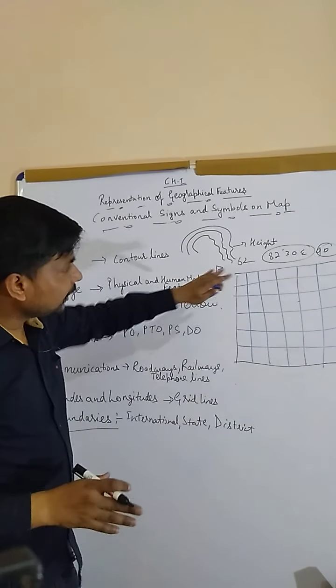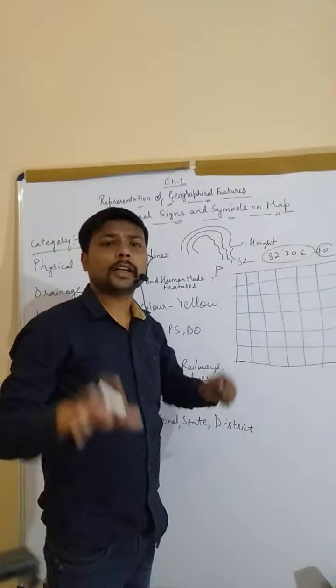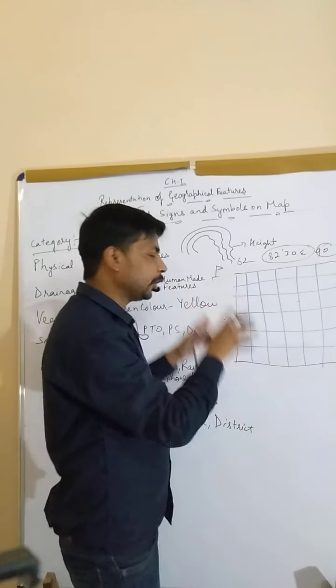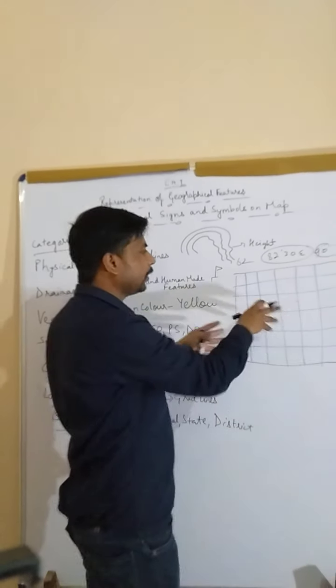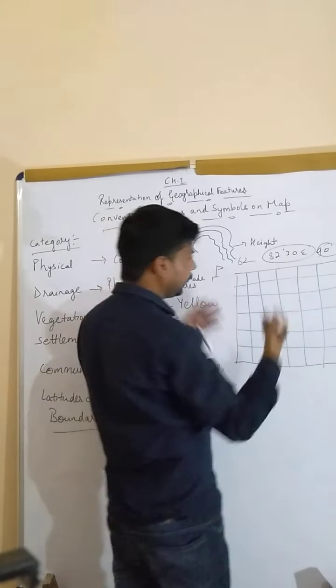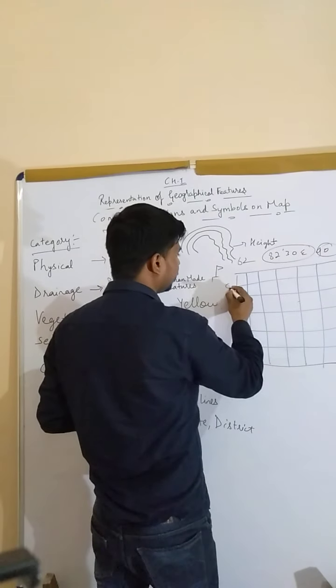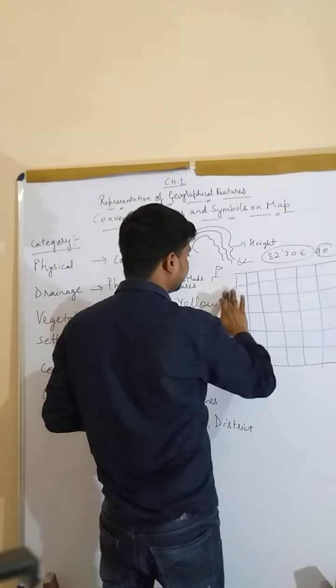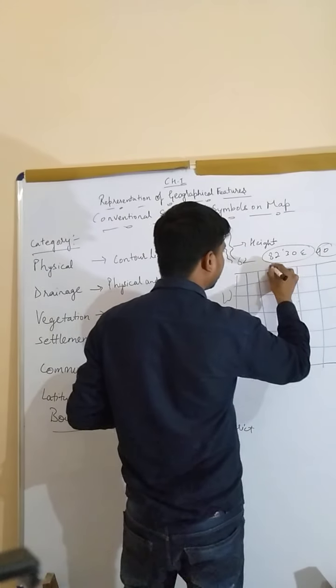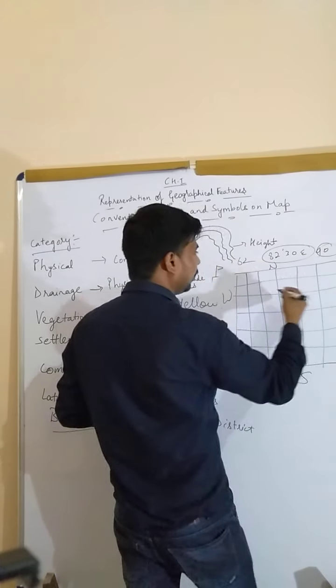So through these lines, we locate a particular place at a particular latitudinal and longitudinal extent. This particular grid is made with that. Suppose here I am making this west, this is east, this is the north position, this is the south position, and I will make a map here.